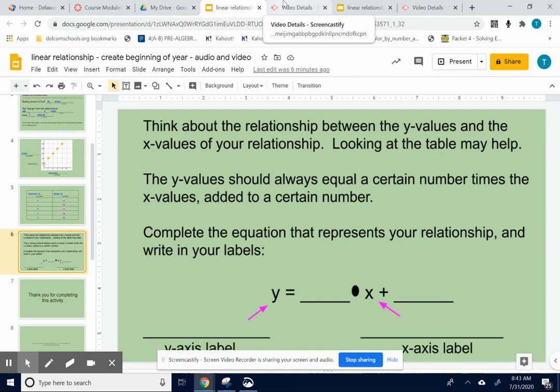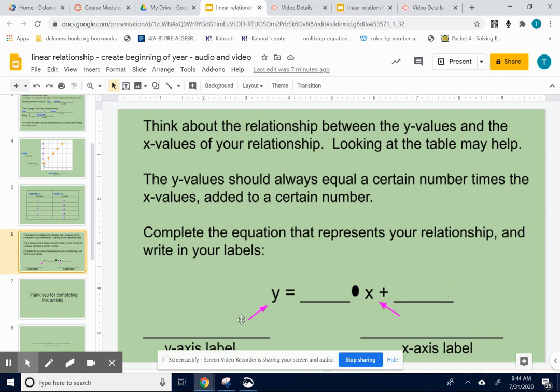So we want to write an equation that shows the y values, lost my pointer, the y values are always equal to some number according to your particular relationship, some number times the x value plus another number.